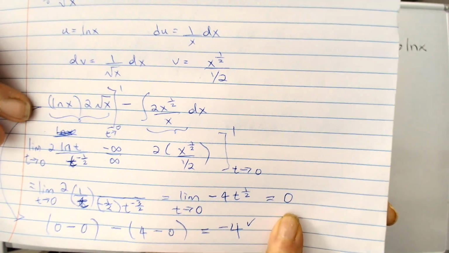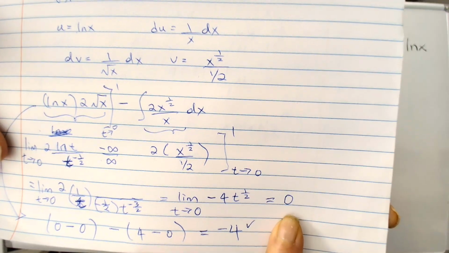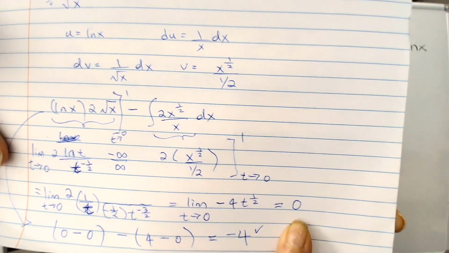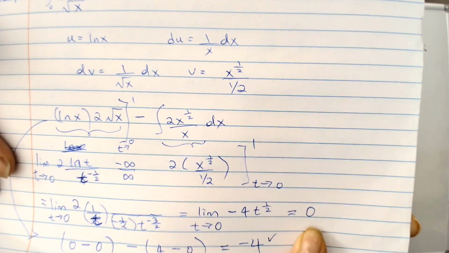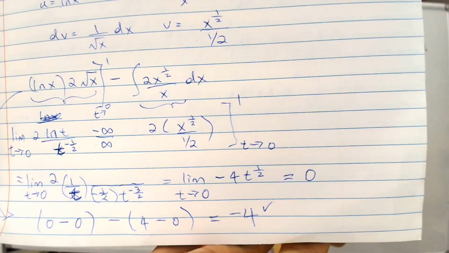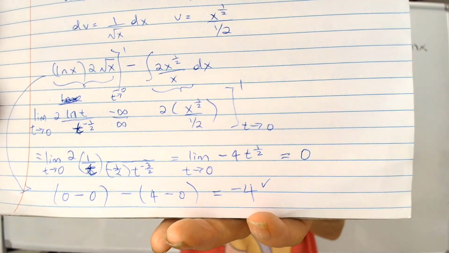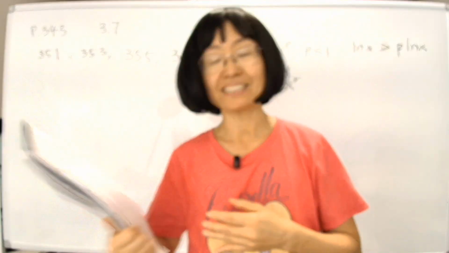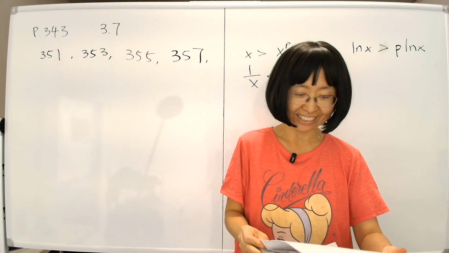So I pushed the square root of x, which is t now, down to the bottom so that it becomes infinity over infinity with a negative sign. And then I applied L'Hopital's rule. And everything came out okay. The first part just ended up being 0, and the second part being 4, and the answer is -4, which is correct.